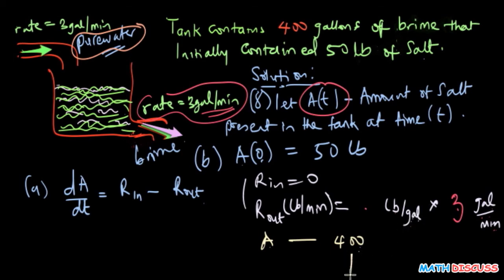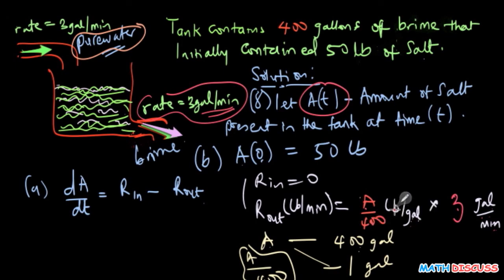So how much salt will I find in 1 gallon? You need to cross multiply, so that will be A times 1 all over 400. So the concentration of the salt in the solution is A over 400. When you multiply this by 3, you have 3A over 400. So this is R out.